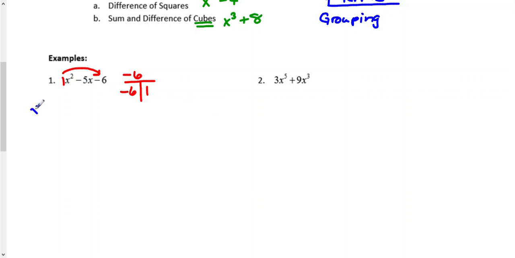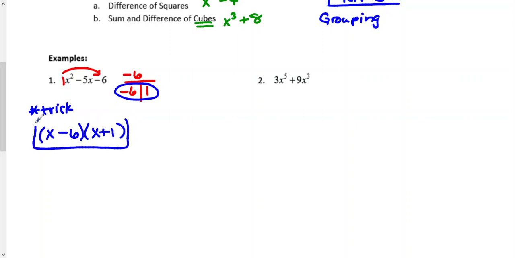With this, I can use my trick, because the number in front of x squared is 1. So these end up becoming my 2 factors. I'll say x minus 6 and then x plus 1. And that's my factors. Remember, factors stay in parentheses.